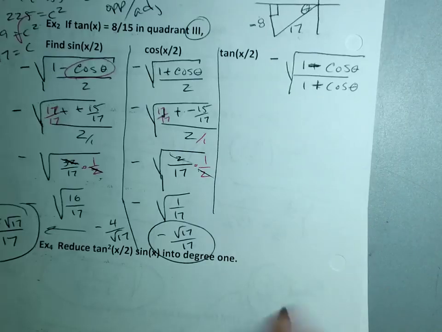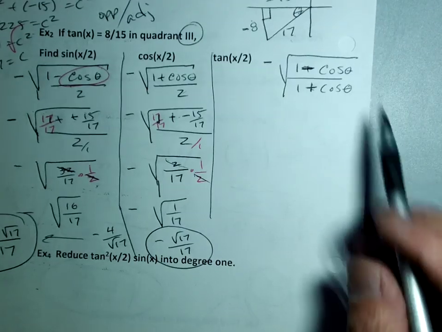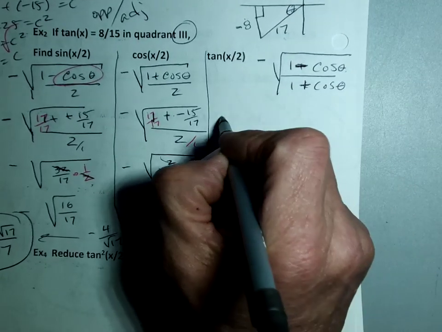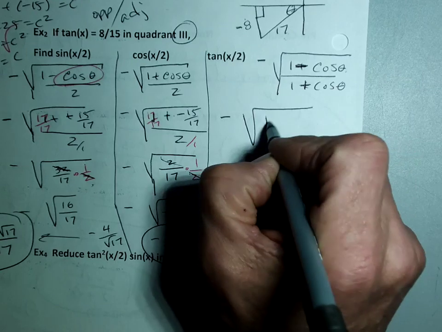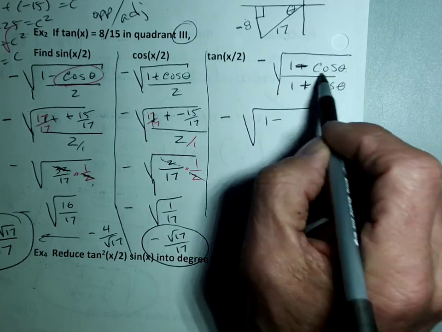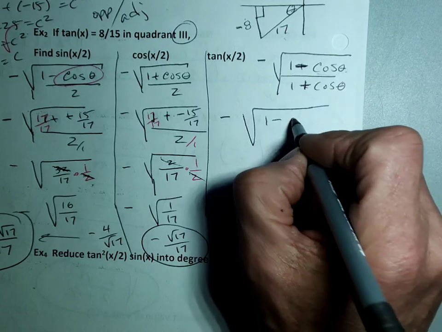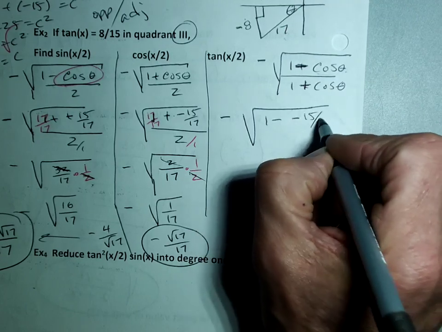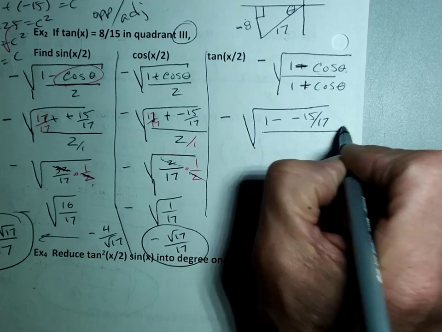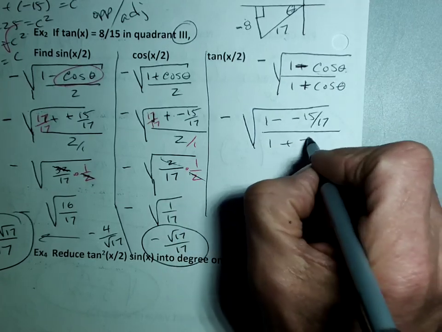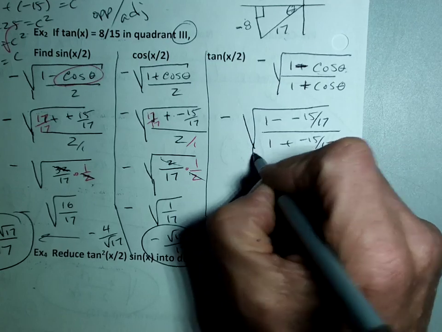Again, we're not on the unit circle, but we have a triangle, so I can get it. Big square root of 1 minus cosine, which is adjacent over hypotenuse, so 1 minus a negative 15 over 17, all over 1 plus a negative 15 over 17, okay?